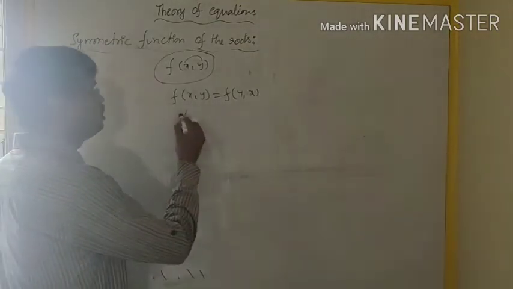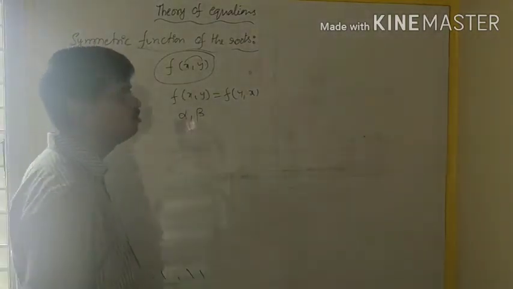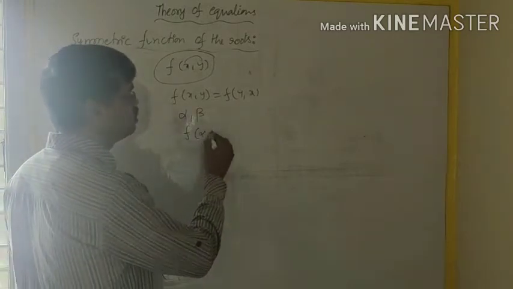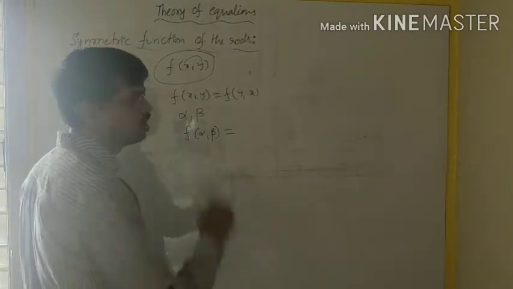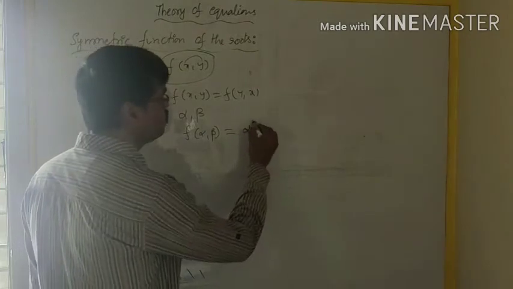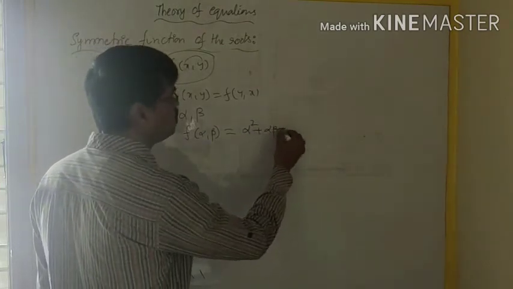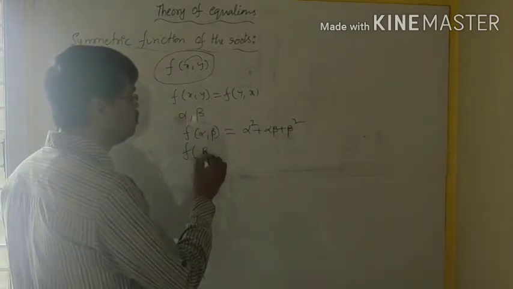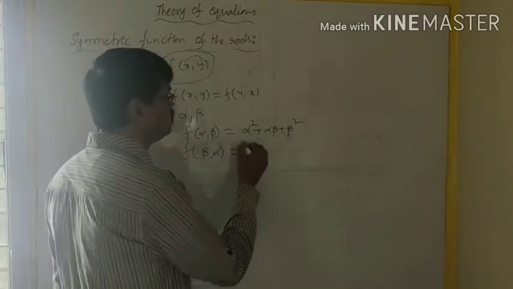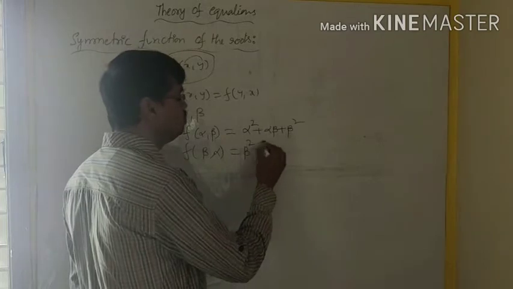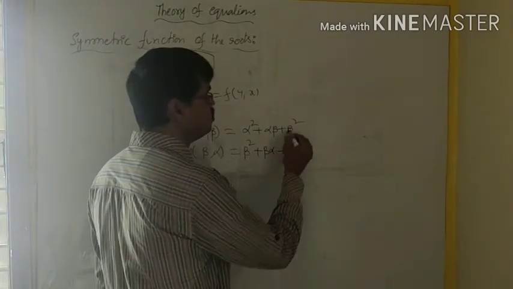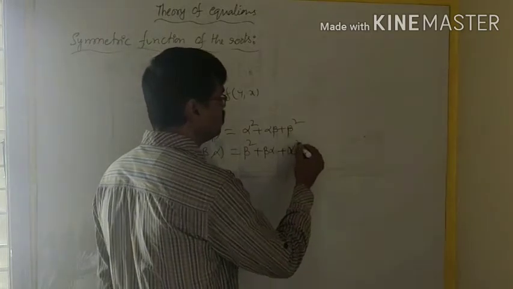Suppose you take alpha comma beta the roots of any particular equation. The expression I am writing, f of alpha comma beta, is alpha square plus alpha beta plus beta square. Now you find f of beta comma alpha: replace alpha with beta, it is beta square plus beta alpha plus alpha square.